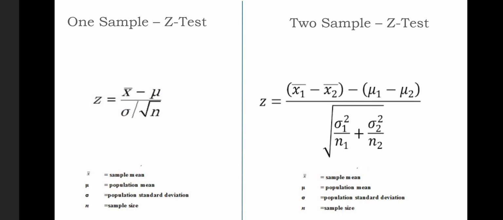They are population 1 minus population 2, and the x bar 1 is the sample mean of the city of Delhi, and the sample mean of the city of Astana is x bar 2, divided by the square root of the population standard deviation squared of the first population divided by the number of people you have taken from the city of Delhi, plus the population standard deviation squared of the second population divided by the number of people you have taken from the second sample, that is the city of Delhi, or I missed, maybe Astana, right?